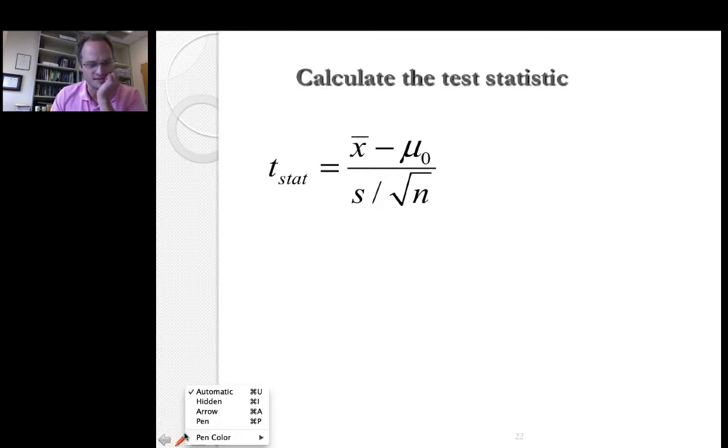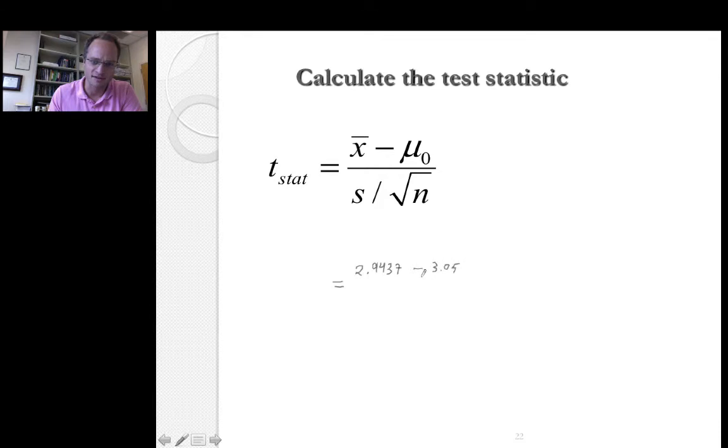We'll carry over these values here. 2.9437, 4 decimal places, relative to 3.05, over 0.0907. That's the standard error, and that is taken from the descriptive statistic measure in the previous slide. And I'm getting negative 1.17. So the sample mean is 1.17 standard errors below 3.05.